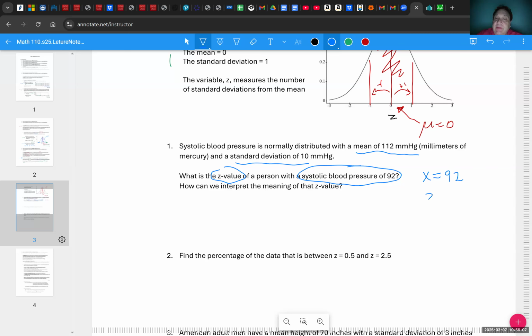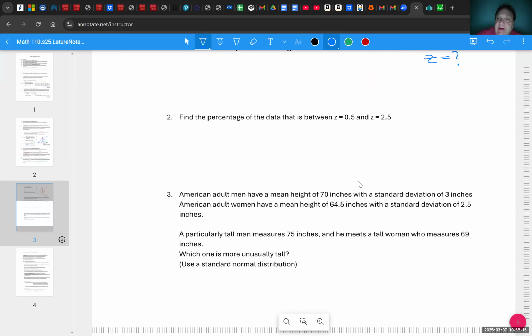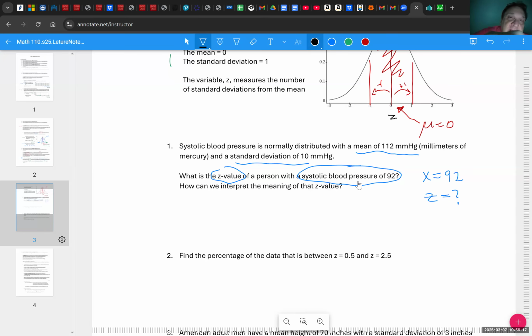And we're looking for what the z value is. I guess I didn't retype it here. I thought I did. Anyway, I'll just rewrite it over here. So the formula for converting is z is equal to x minus mu over sigma.